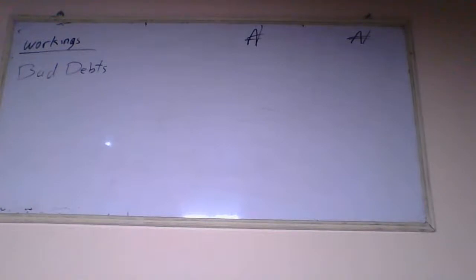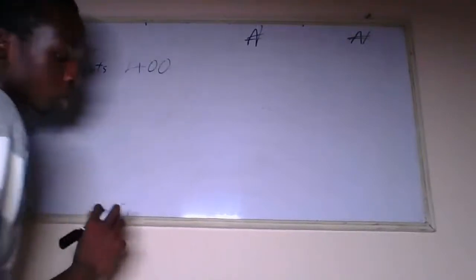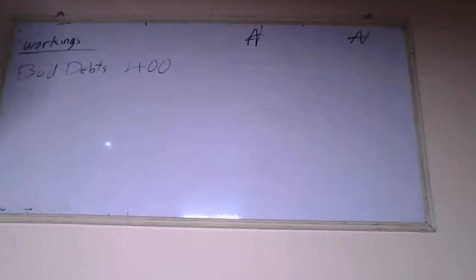The bad debt that we have given to us is 400. And now the balance in our receivables is 45,000. So we take 2% of that, and then we add the difference in the amount.